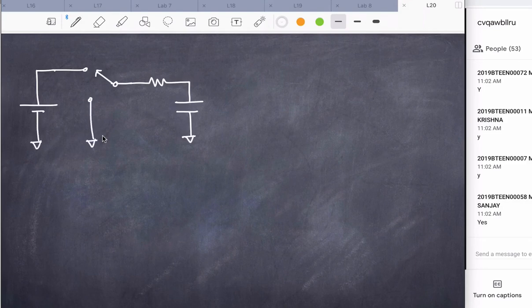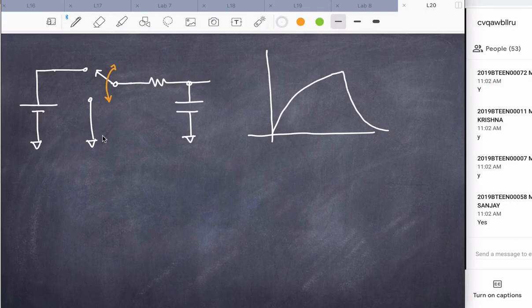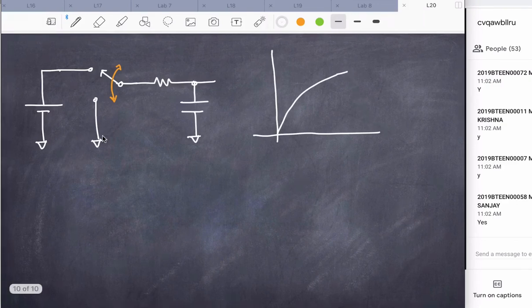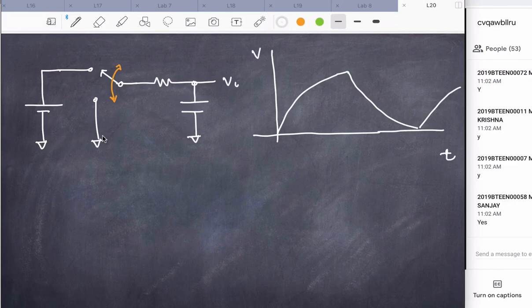It means the input is being switched between 0 and 1, then the output will be like this, and then like this, time and voltage. I hope you are able to understand this.